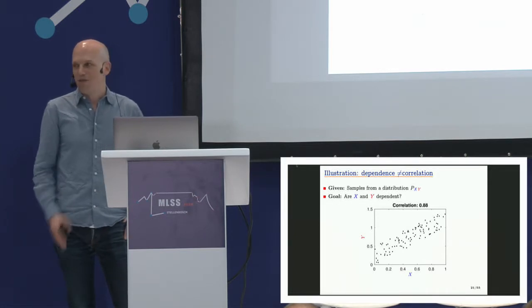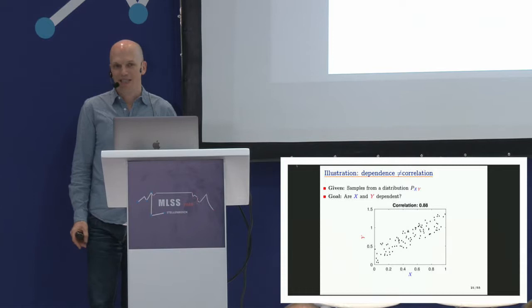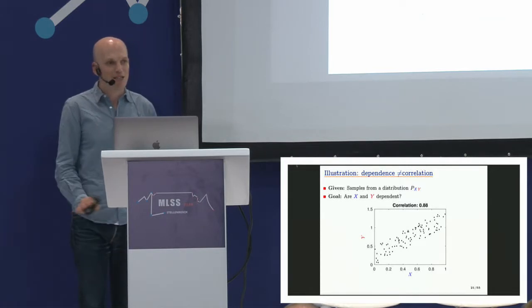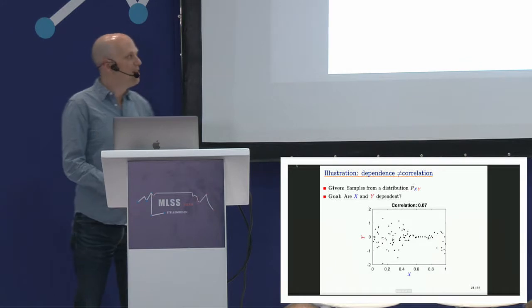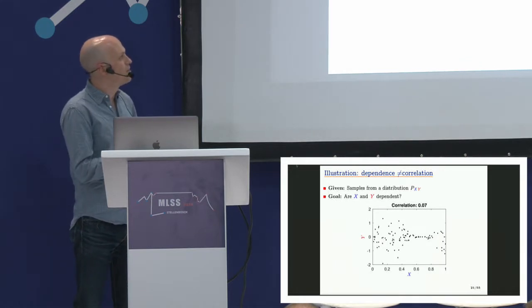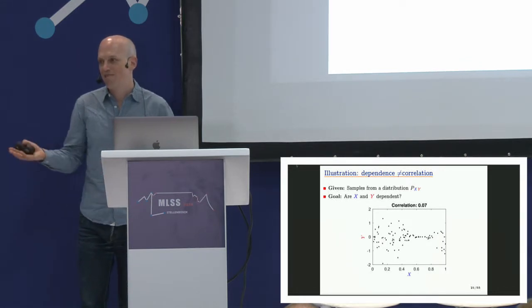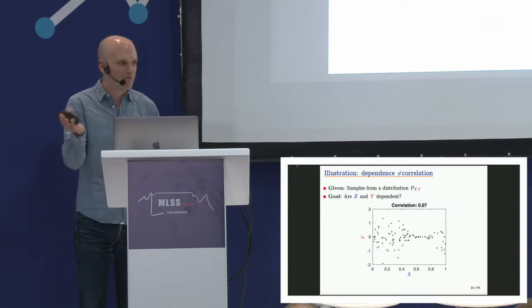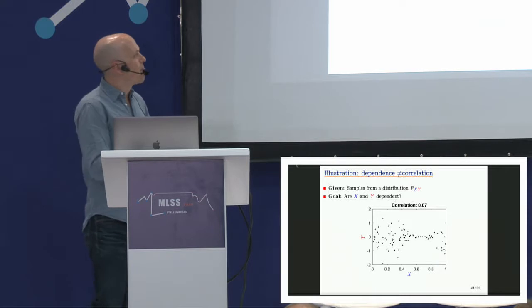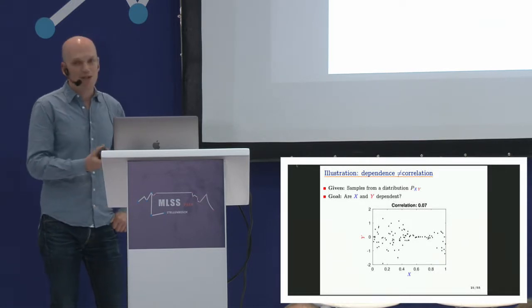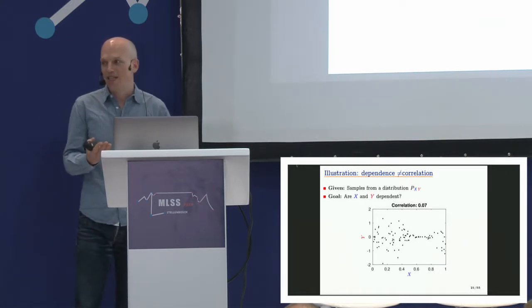The problem with this is that correlation is not dependence. Dependence is much, much richer than correlation. All right? So here is an example of variables with a correlation of 0.07. My p-value is way, way in the wrong place. But yet, visually, you can see that x and y are very dependent here.